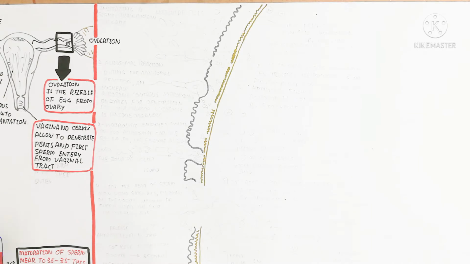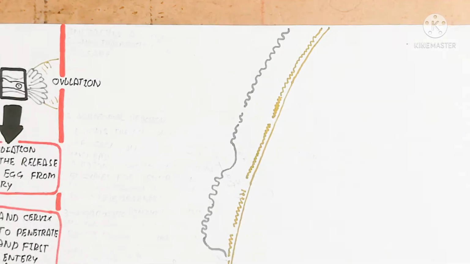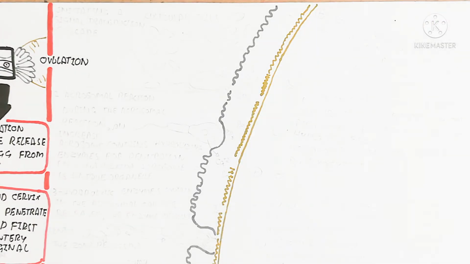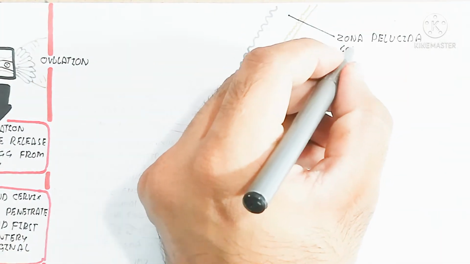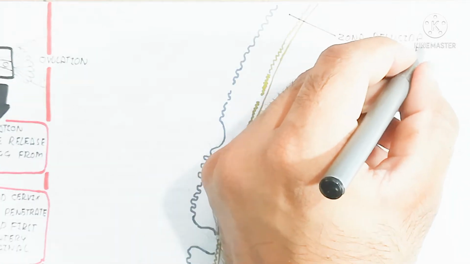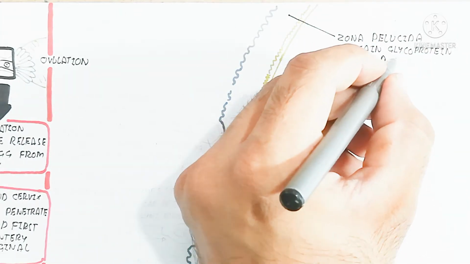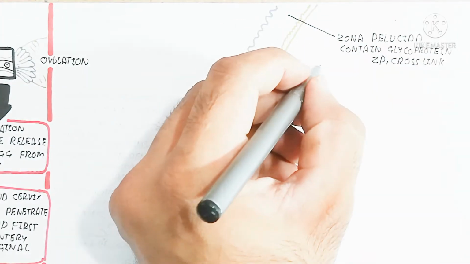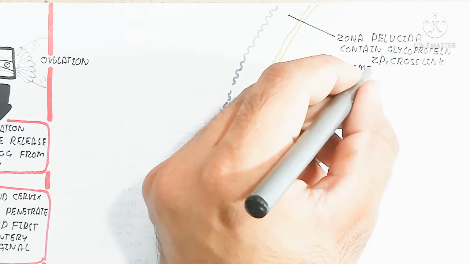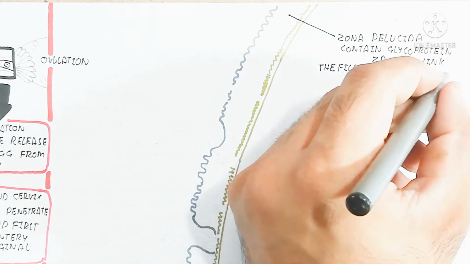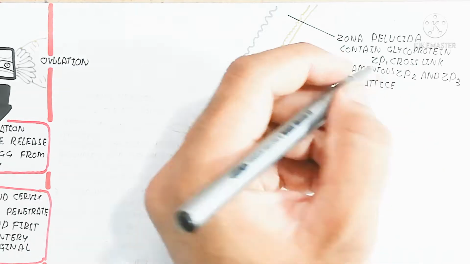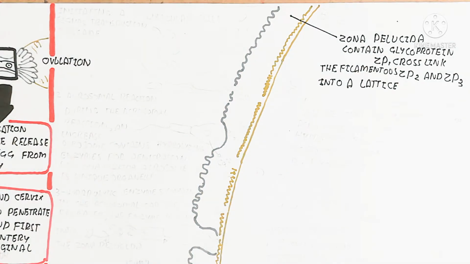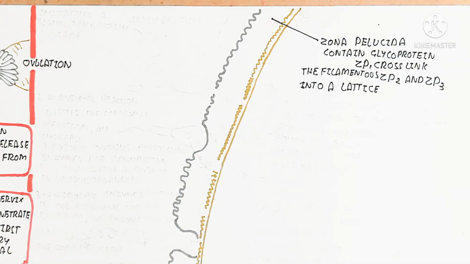Here the brown color shows the vitelline envelope, while the upper side is known as the zona pellucida, which contains glycoprotein. This protein is the ZP protein, and ZP1 cross-links the filamentous ZP2 and ZP3 into a lattice.